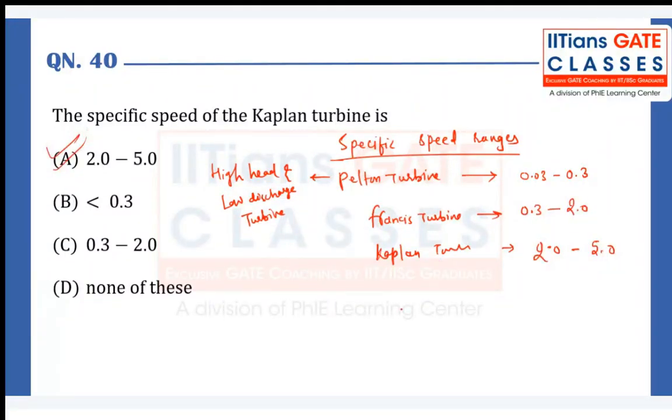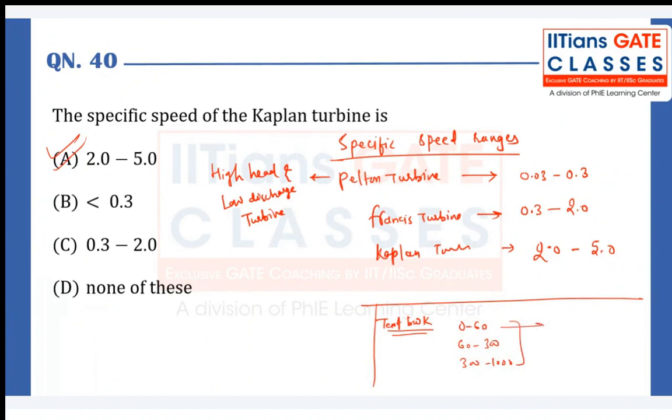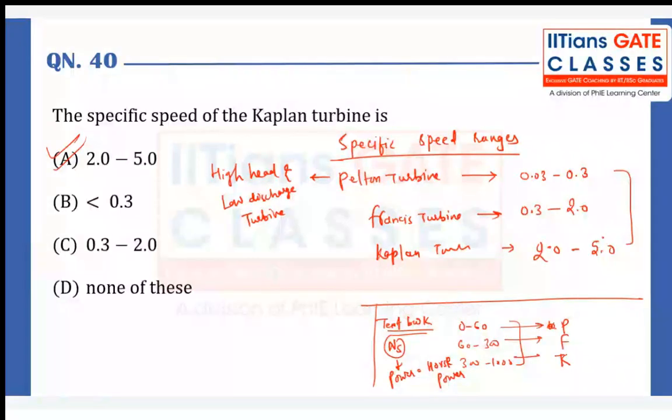Generally, when we follow any textbook, what specific speed range have they given? They might have given 0 to 60, then 60 to 300, then 300 to 1000. This type of range they might have given for Pelton, Francis, and Kaplan. But remember that they have calculated the specific speed when they kept the power in terms of horsepower. When you convert into watt, then you will get this particular range.